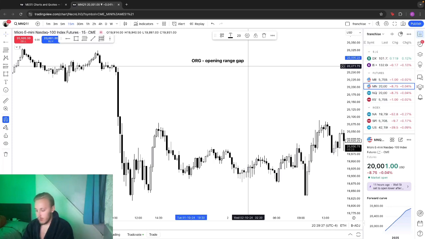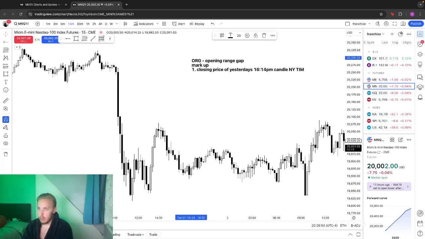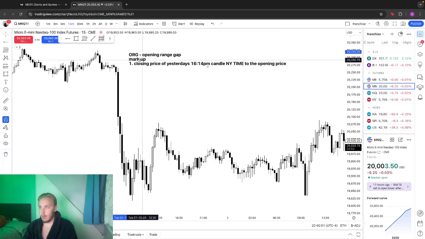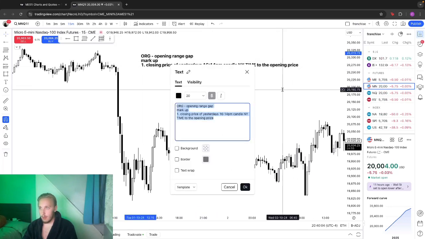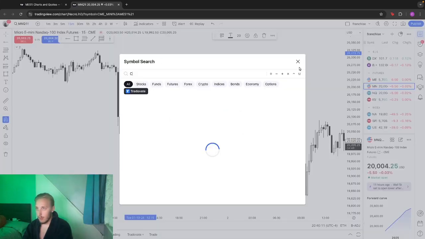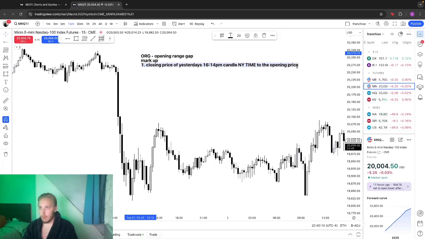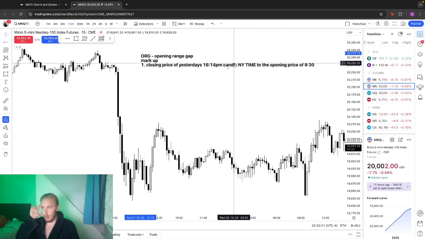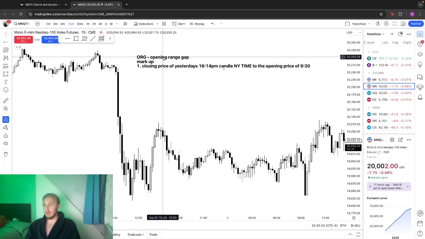Okay, so the ORG is mark up the closing price of yesterday's 16:14 p.m. candle New York time to 9:30. So that's the opening range gap.